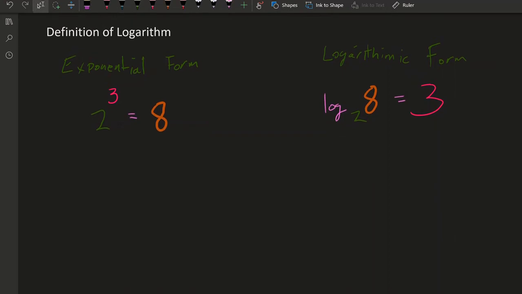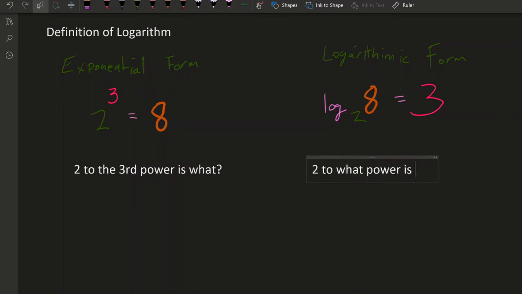Okay, so each of these questions is asking two different things. In exponential form, it is saying 2 to the third power is what? This one would say 2 to what power is 8?